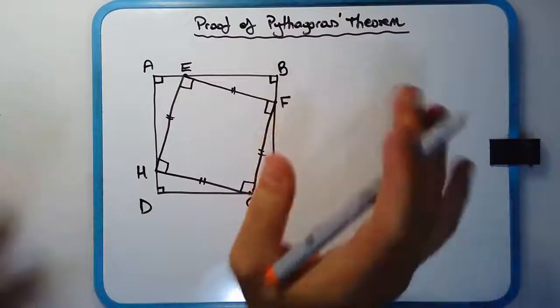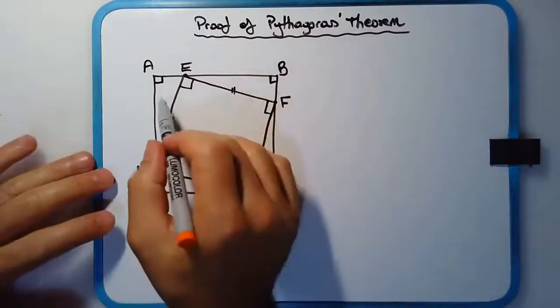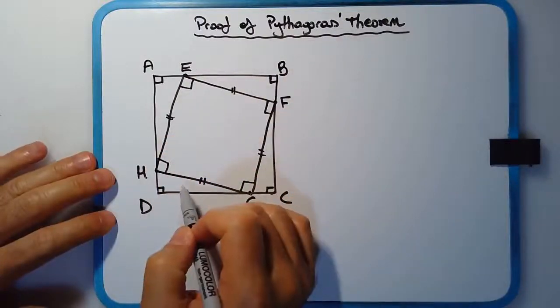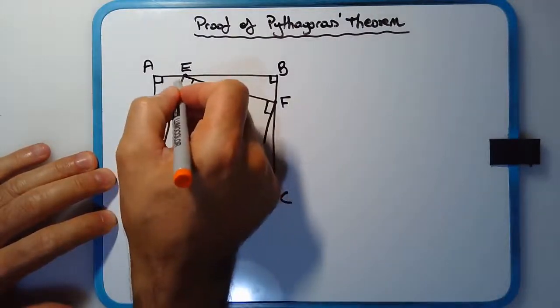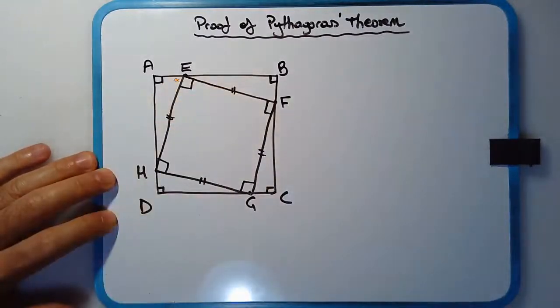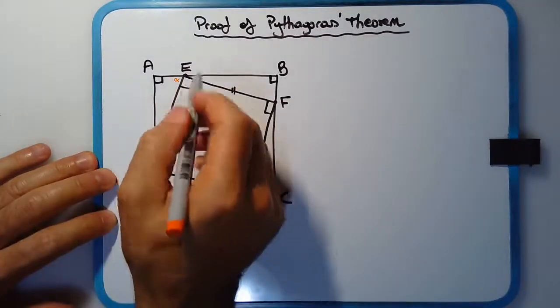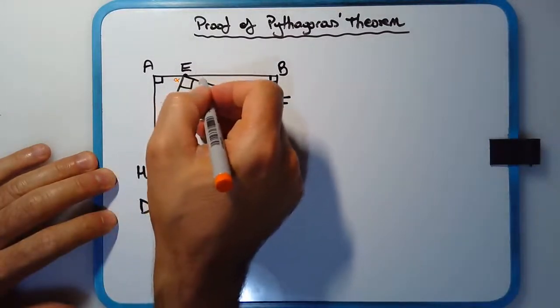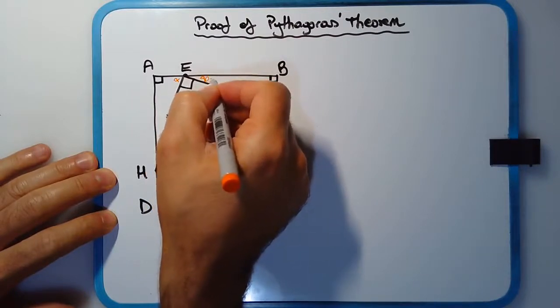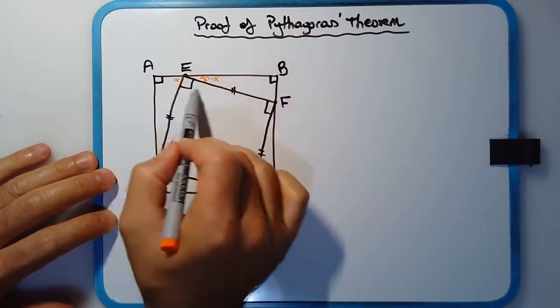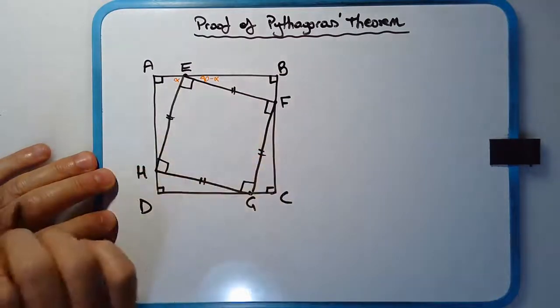Now, I'm not going to go into the details of proving these four triangles are congruent. They are, in fact, congruent. We can quickly see that if I make that angle alpha, there's 90 degrees, and this one here would be 90 minus alpha, so that when you add all three angles together, you get 180 degrees.